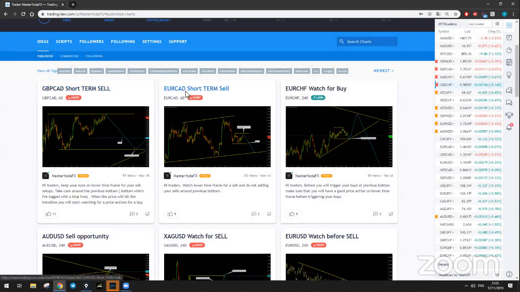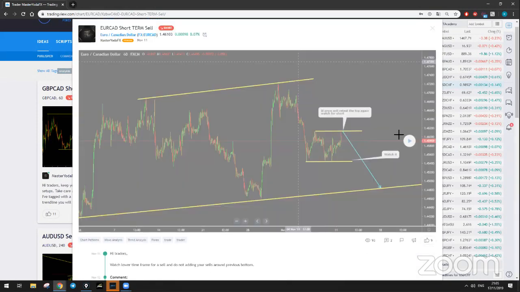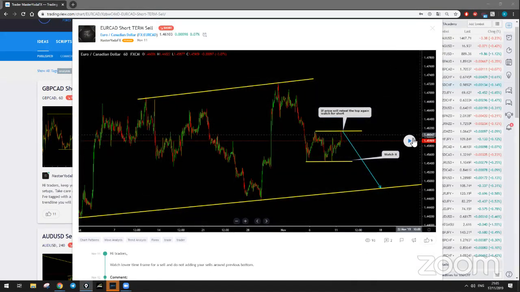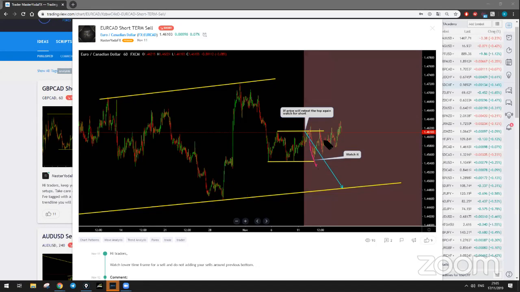Here's also EURCAD, the same scenario, because I'm looking at all CAD pairs with the same view. We've been trading that wave, and it bounced off and took us to break even. So you can take that sell and put it on break even, then see how it plays out around the previous bottom. If the price is aggressive around the previous bottom, you can keep it.